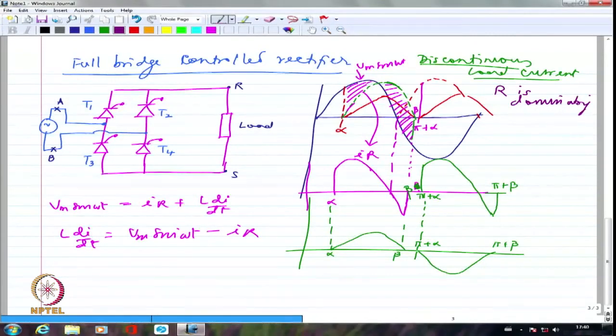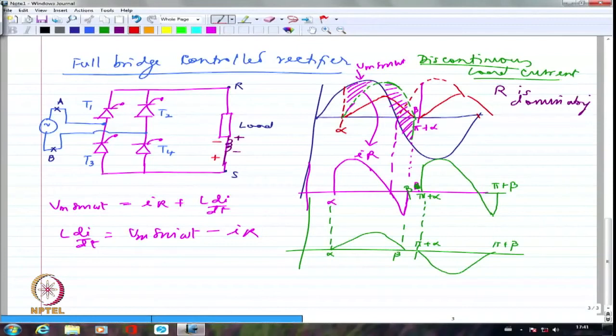Please understand, the moment pi is crossed, I will not have T1 and T2 forward biased by the supply anymore. The supply cannot forward bias them, right? The only way to forward bias the devices is if I have an inductance here. Instead of plus here and minus here when it was absorbing energy, now when it is releasing energy, it will become plus here and minus here.